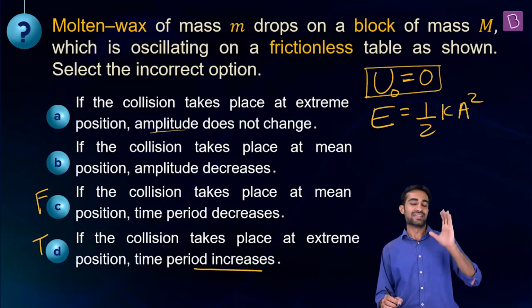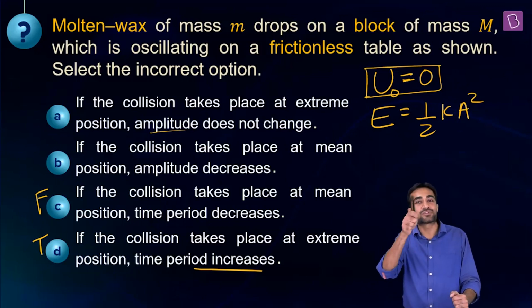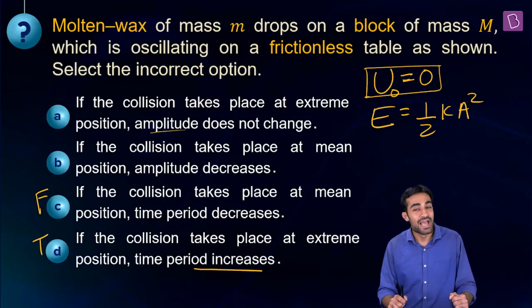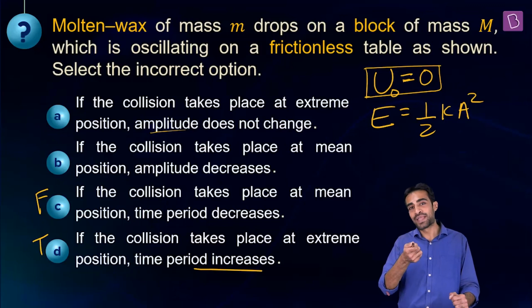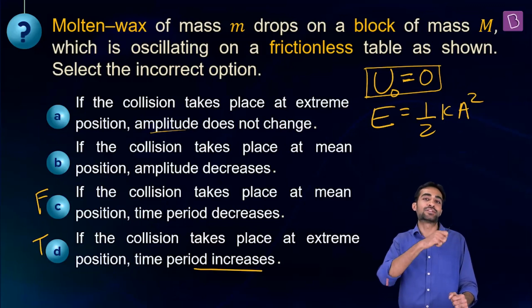So total energy depends on amplitude and amplitude depends on total energy. If we are not changing the total energy, we are not changing the amplitude. If we are changing the total energy, we are changing the amplitude.